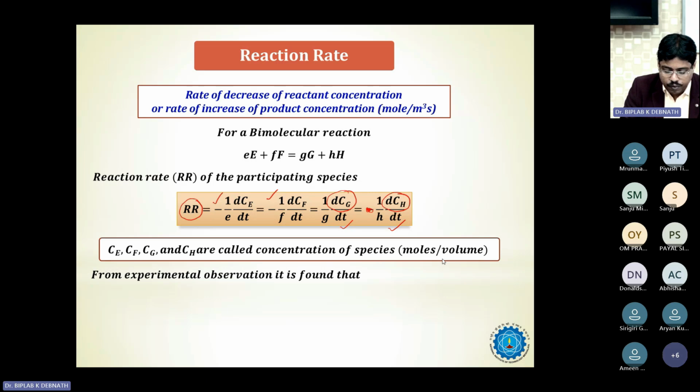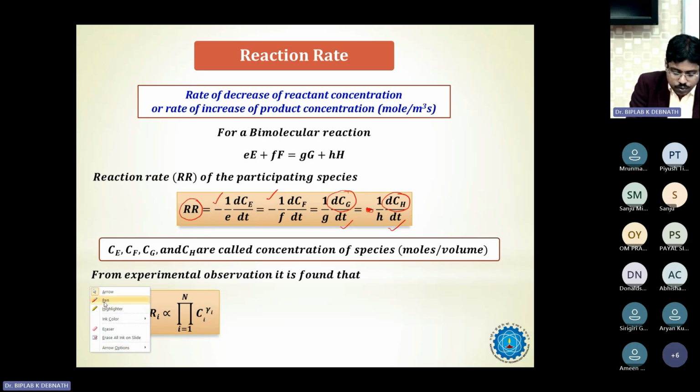But from experimental observations, it is found that the reaction rate of any species, say the species is i, say you have a chemical reaction of C plus O2 is equal to CO2. So what is the reaction rate of C? What is the reaction rate of O2? That is basically the reaction rate for a particular species should be proportional to the product of the concentration of participating species.